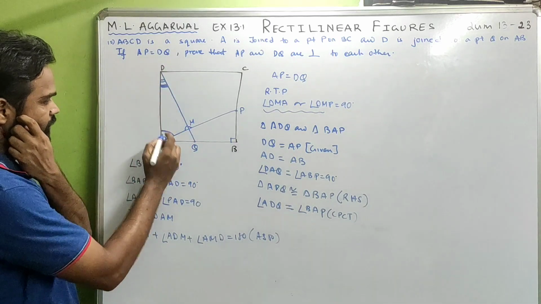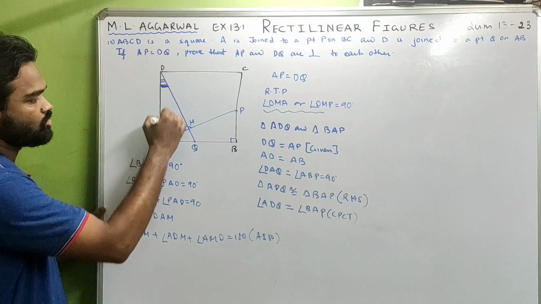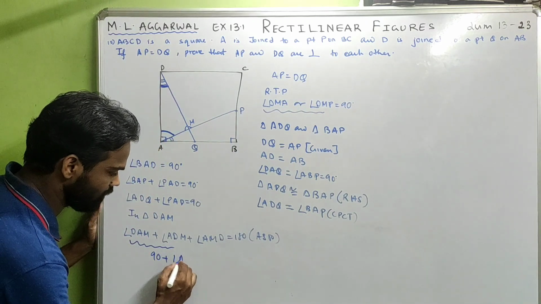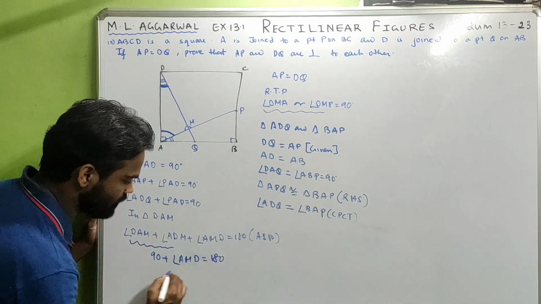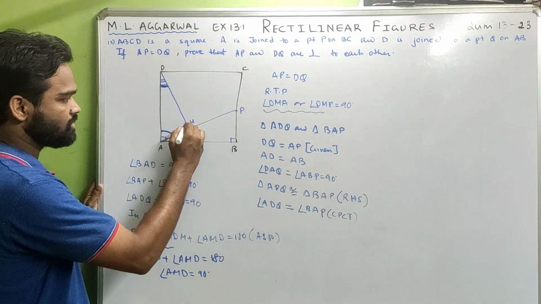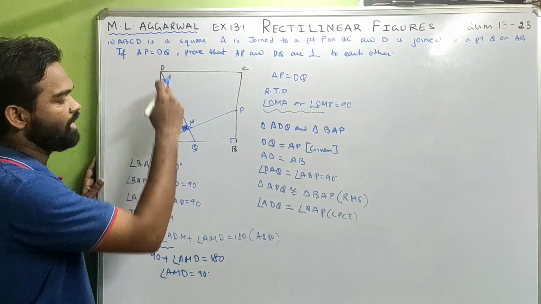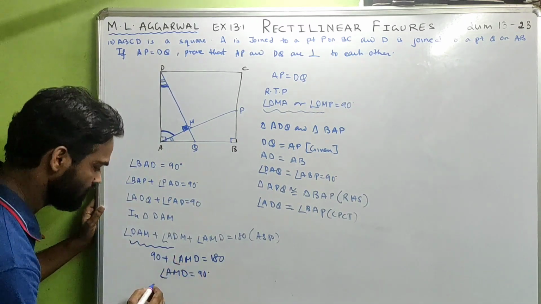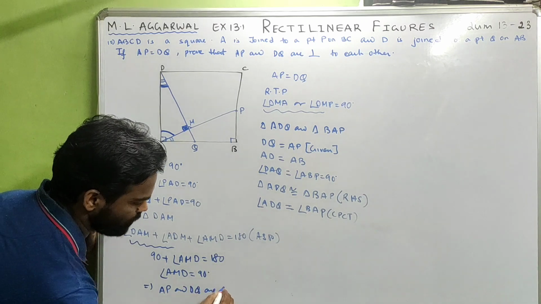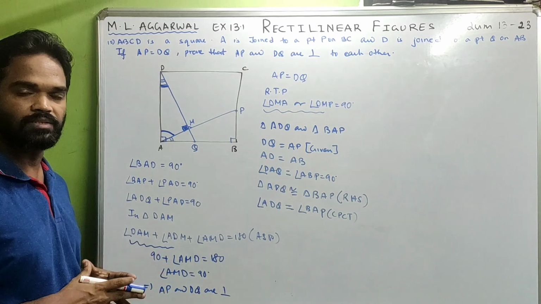DAM is nothing but this angle and ADM is nothing but this angle, and these two angles add to give 90. So instead of this I can write 90 plus angle AMD is equal to 180, which means angle AMD equals 90 degrees. Hence AP and DQ are perpendicular to each other. Done. A nice sum.